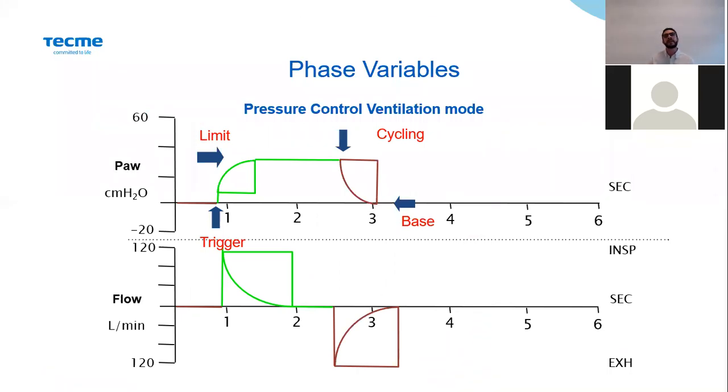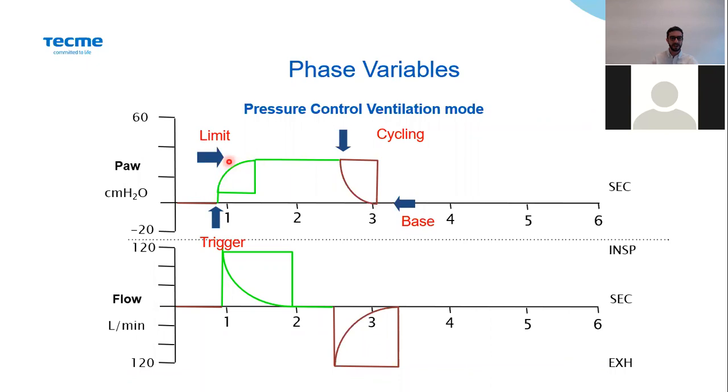So this is what I said before, but in a graphic. In this case, we have a pressure control ventilatory mode. This is the airway pressure, and this is the flow. So this is the trigger, the moment when the inspiratory phase starts.